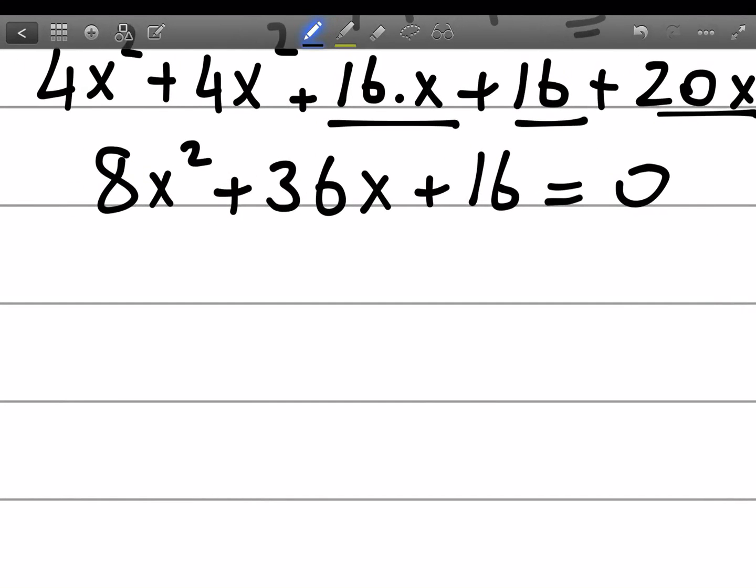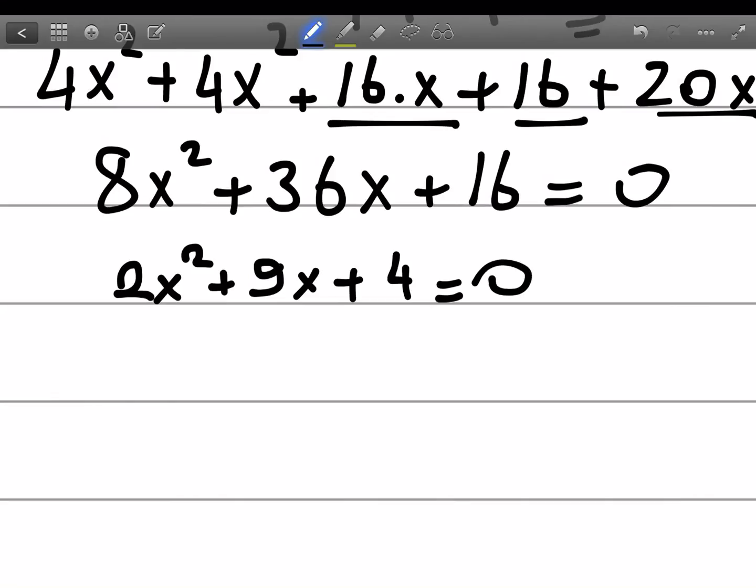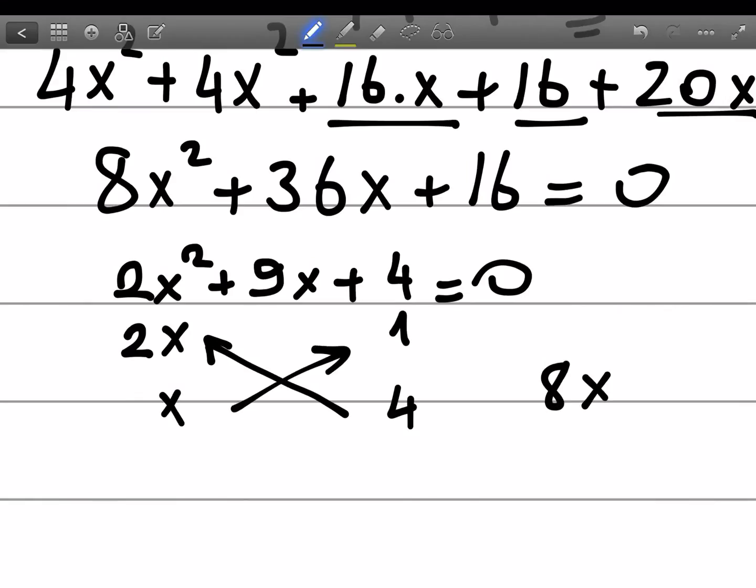We can divide both sides by 4, and we will get 2x squared plus 9x plus 4 will be 0, and we have to write this in these terms. 2 times 4 will be 8x, x times 1 will be x, then we will get the middle term.